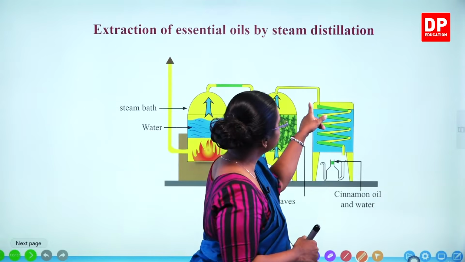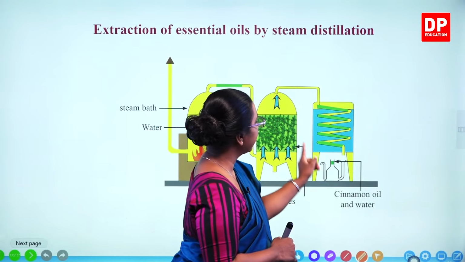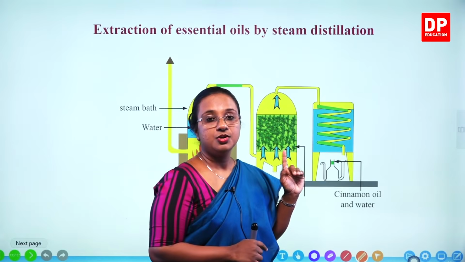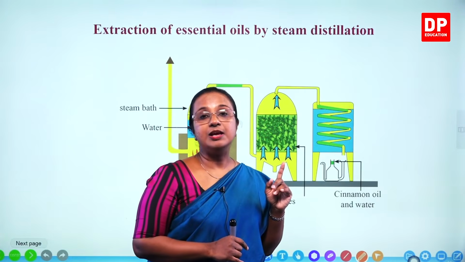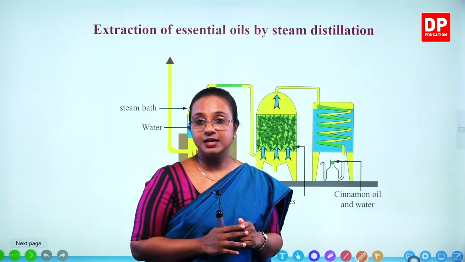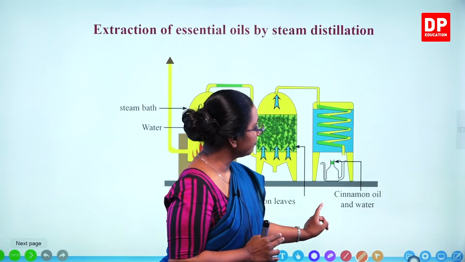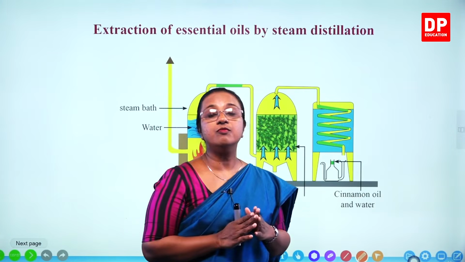So here you can see vapor is coming down through this spiral shaped tubing and the tank contains water. Due to this cooling process, the essential oil will be collected here in the form of cinnamon oil and water.